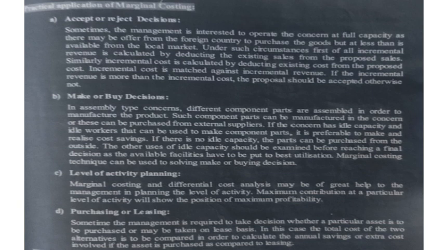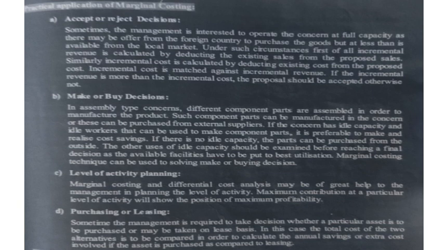Next is level of activity planning. Marginal costing and differential cost analysis may be of great help to the management in planning the level of activity. Maximum contribution at a particular level of activity will show the position of maximum profitability. Level of activity planning is nothing but the different units to be produced, as I've already given the example in the introduction itself, where 1 lakh units were to be produced in a month.